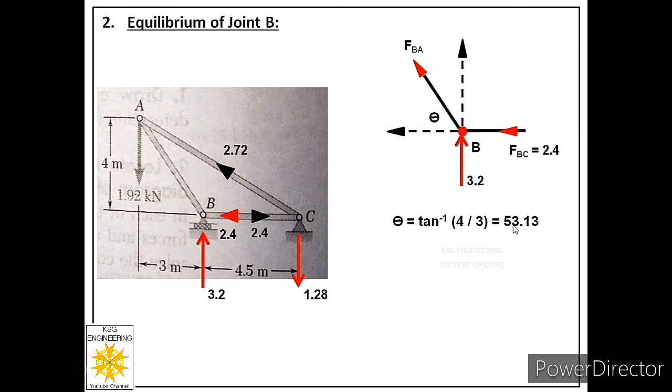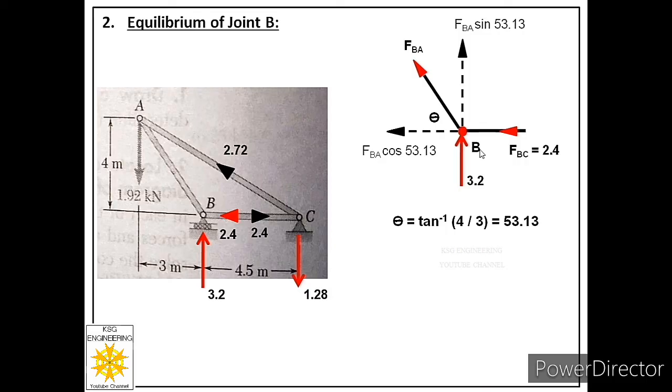So we have found the value of theta as 53.13. Now we are considering the angle of this force with this component. So this will be a cos component, and this will be a sine component. So we label this as FBA sine 53.13 and this as FBA cos 53.13. Now you can see we are ready with the free body of joint B.